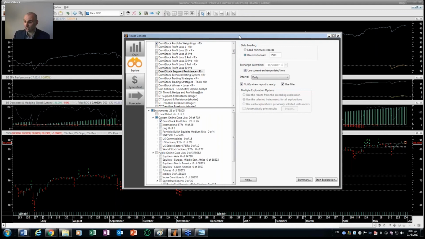We're going to have a chance to have even more portfolios with more securities in other MetaStocks that are going to come in the future.